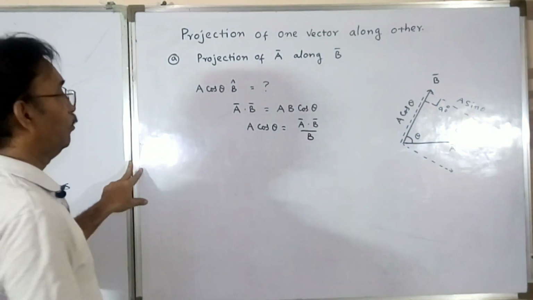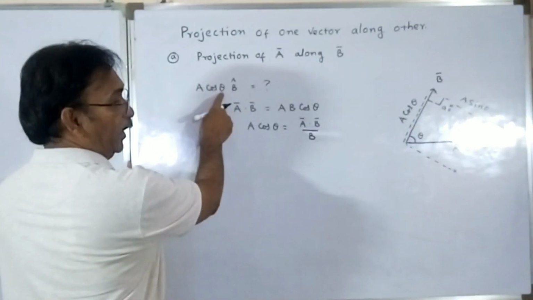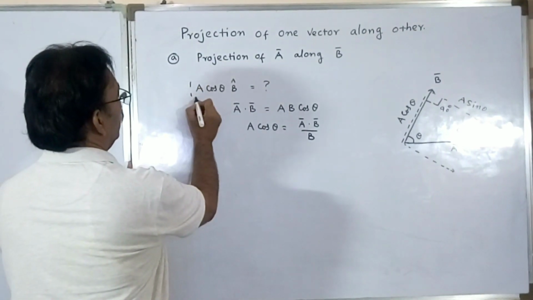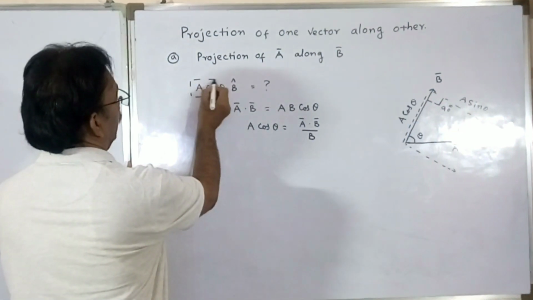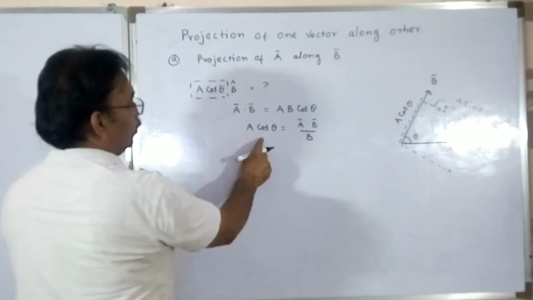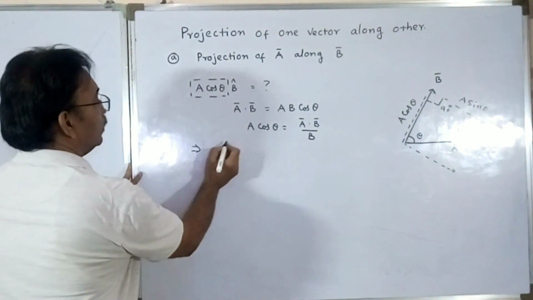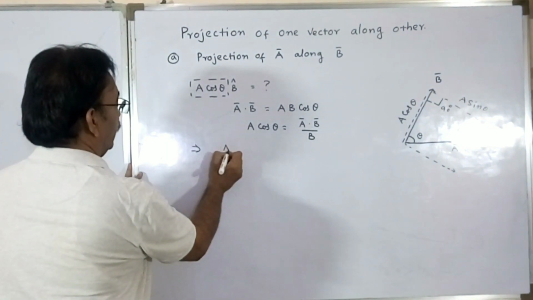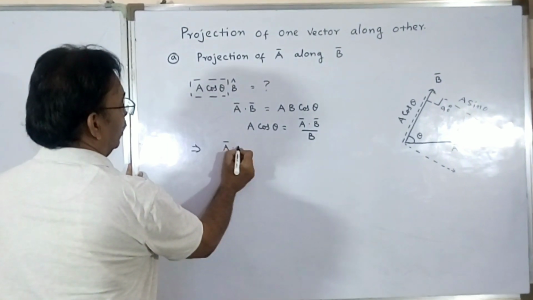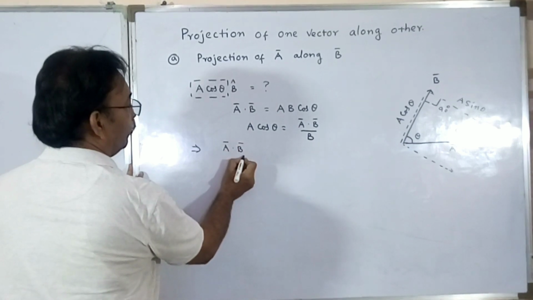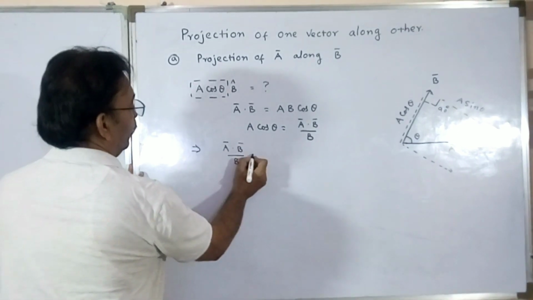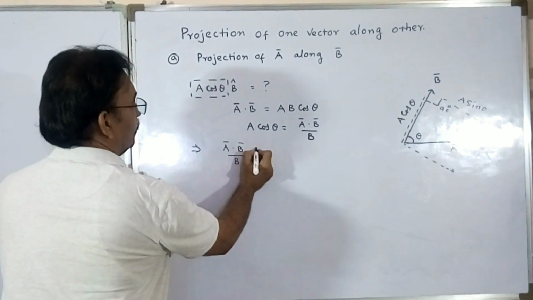In the place of a cos theta, I am substituting a bar dot b bar by b. Then what do I get? A cos theta times b cap is written as a bar dot b bar by b into b cap.